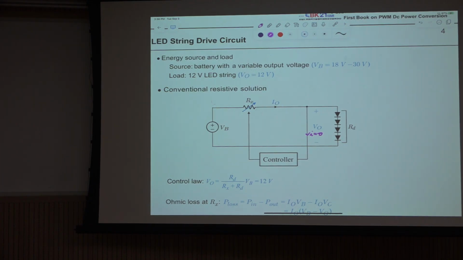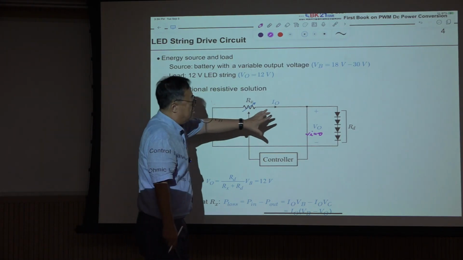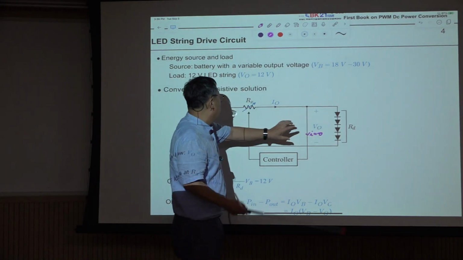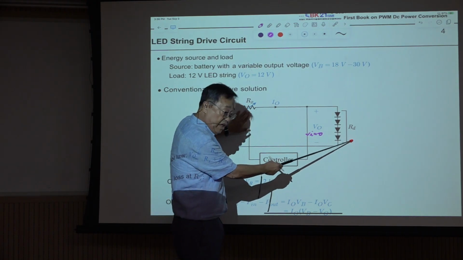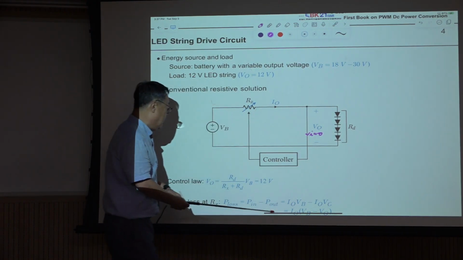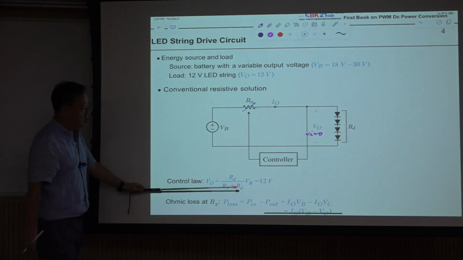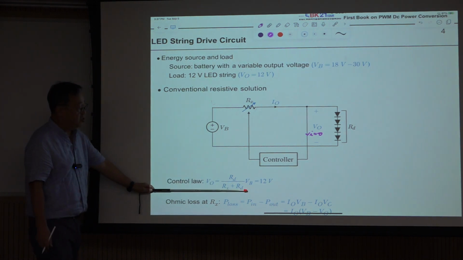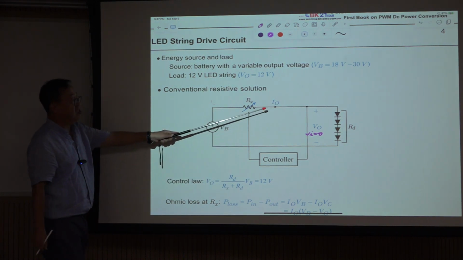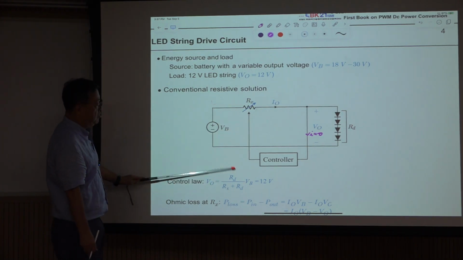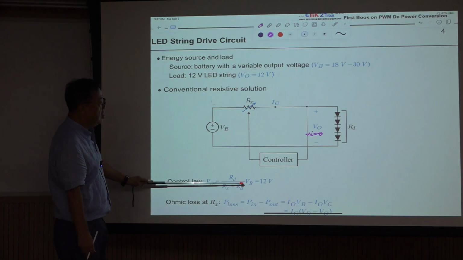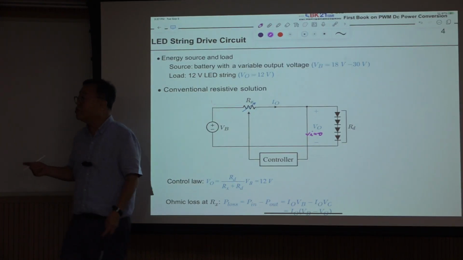Then this is the resistance of the LED string, RD, and this is the variable resistance, RX. This is the simple voltage law here. Our voltage across this diode string is a voltage division of the battery voltage, and this voltage should be 12 volt.